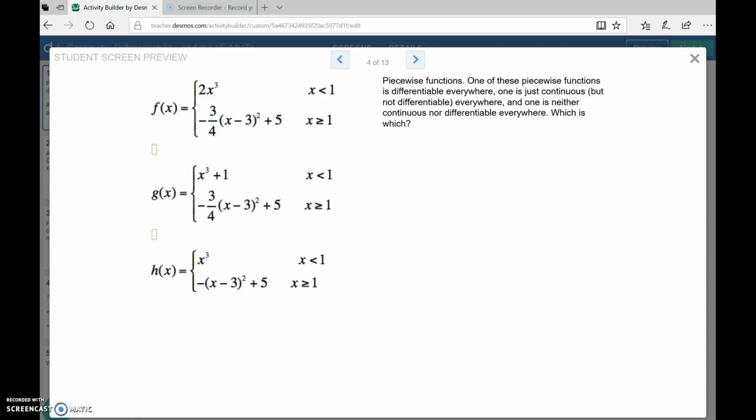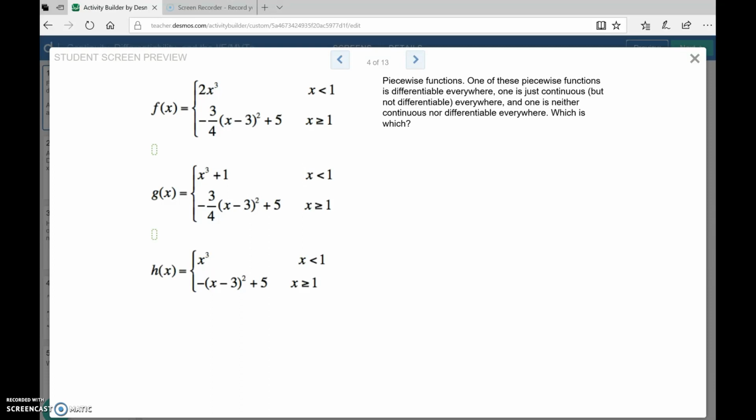Okay. So in order for a function to be continuous everywhere, when you're looking at a piecewise function, each piece has to be continuous, and then the y value at the switchover point has to be the same for both functions, right? So let's start with f of x.